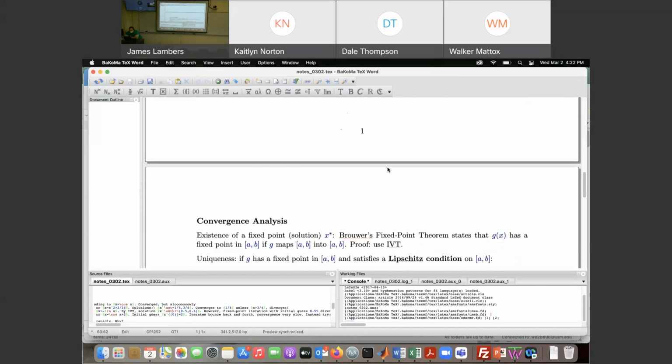So, first, as I mentioned earlier, the condition for existence of a fixed point, Brouwer's fixed point theorem: if g is continuous and it maps the interval to itself, you can use the intermediate value theorem to prove that x equals g of x has to have a solution somewhere in the interval AB.